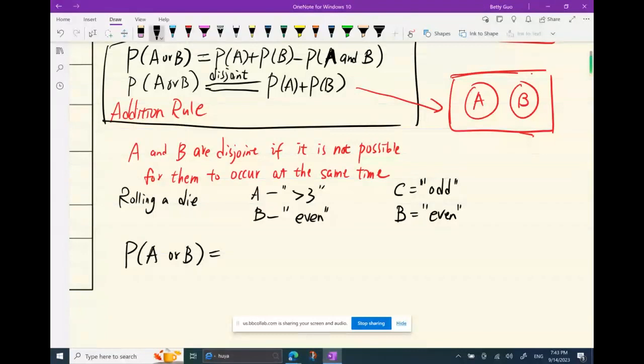We need to first ask a question: are those events disjoint or not disjoint? Since A and B are not disjoint, we use the first formula.